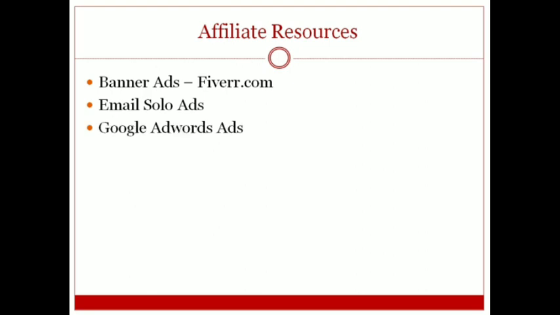Quick and easy. Google AdWords ads: a list of keywords that people can rank on and promote your product, which is really good, especially if you find buying keywords and you get affiliates to promote on those buying keywords.